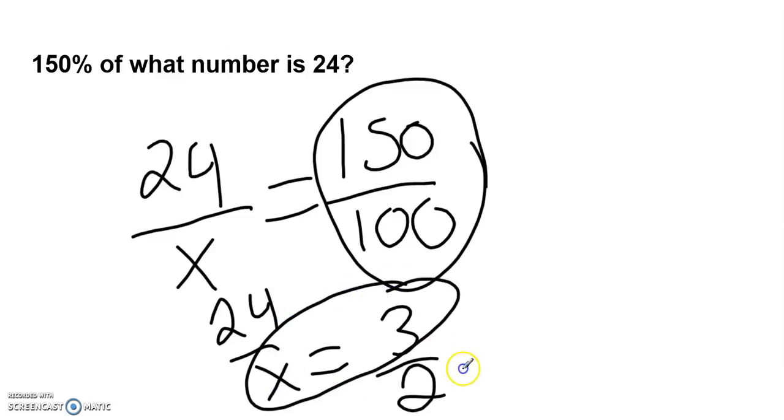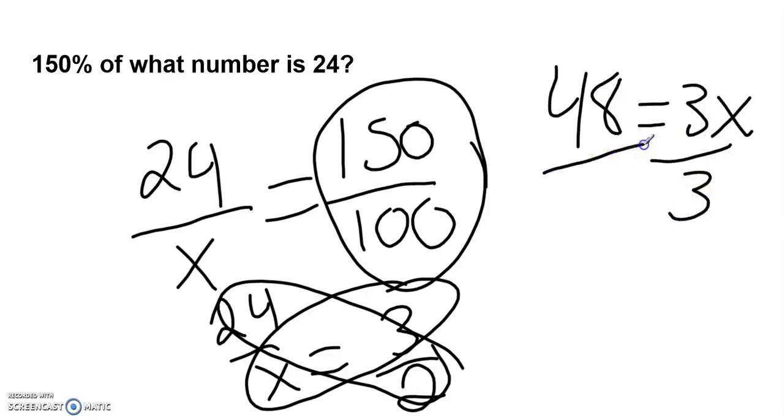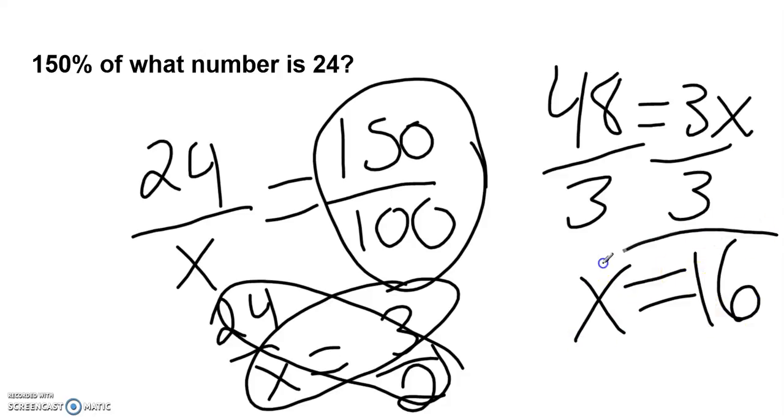Cross multiplying here, I get 48 equals 3x. Then I divide by 3, and I'm going to get that x equals 16. So 150% of what number is 24, and that's going to be 16. Okay?